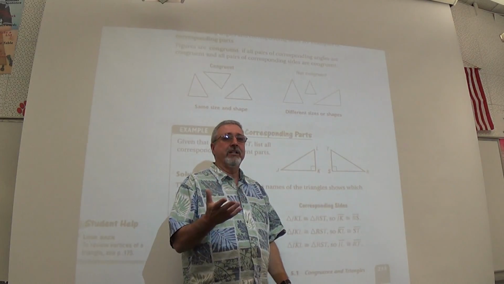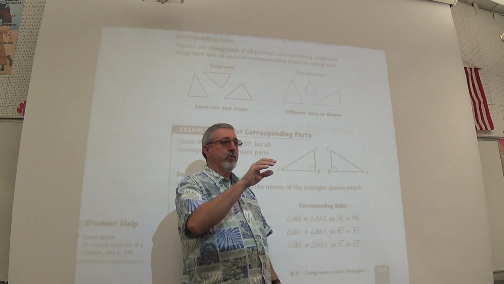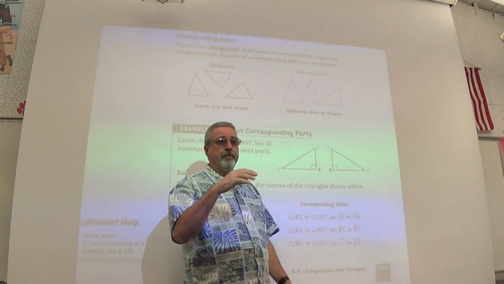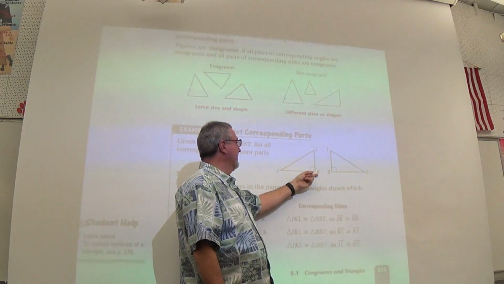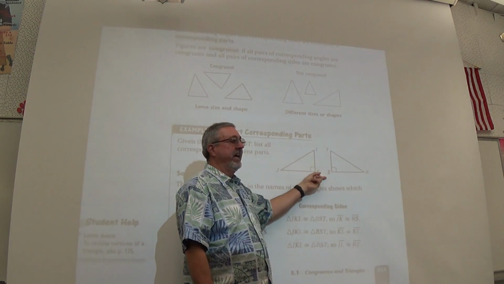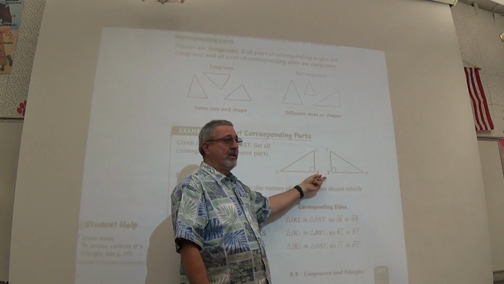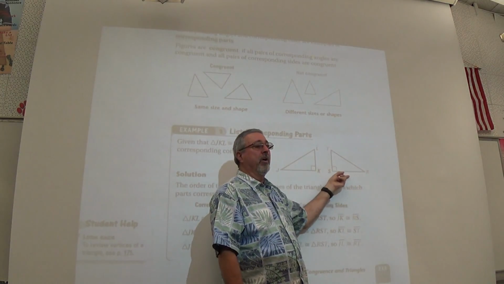Now, if you remember last time when we were listing congruent parts, we said that if we call this KJ, that's the same as JK. And if we call this SR, that's the same as RS.